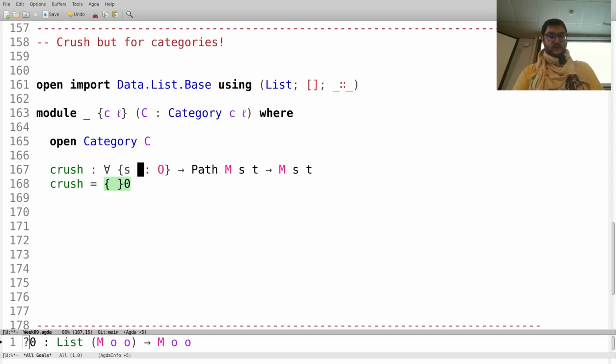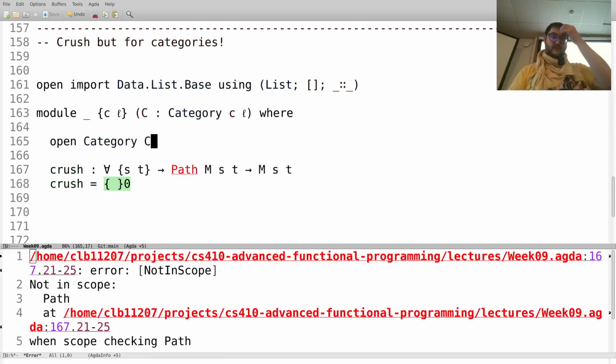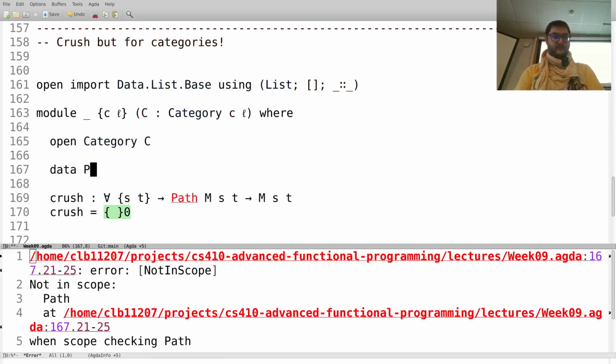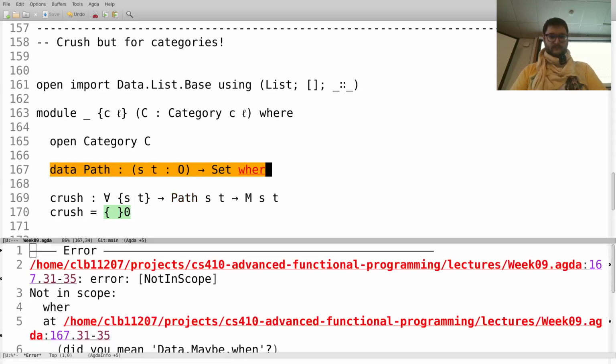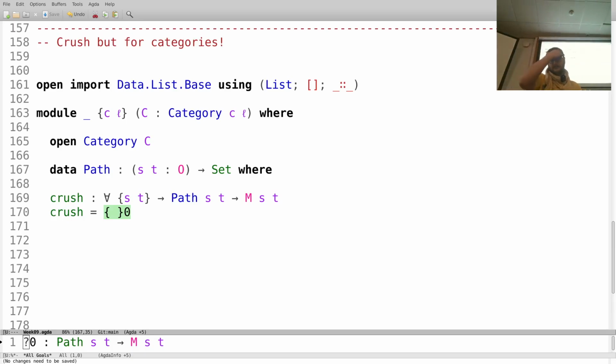And then source and target. I suppose I don't need to have these anymore. I need to define path now. That will be the more general version.